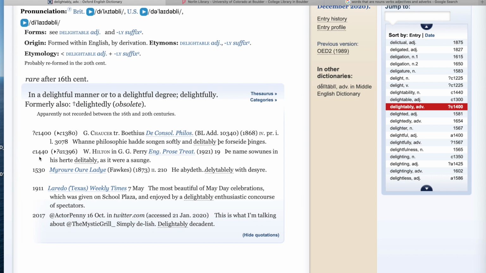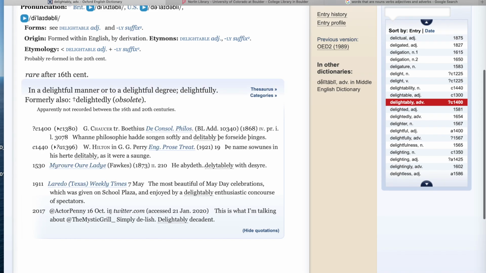These little descriptions give a year, right? Circa 1440. This one we know is 1530 because these two were probably in manuscripts, but this one is a datable piece of writing. Then it looks like the word goes away and then comes back on Twitter in January of 2020.